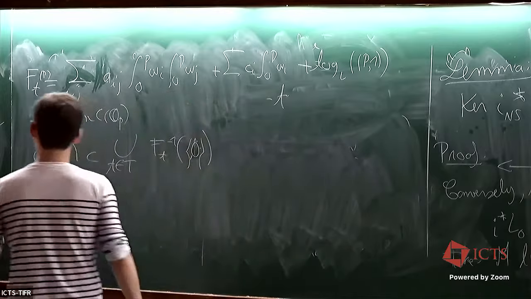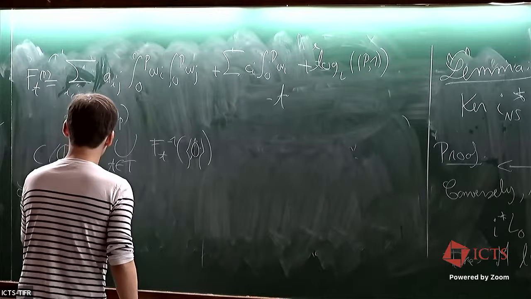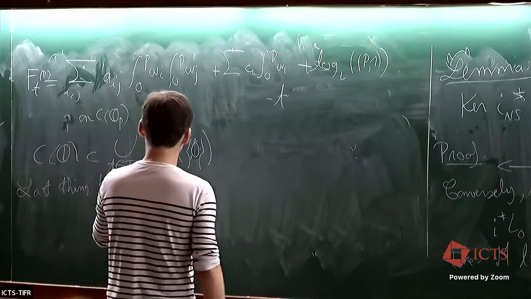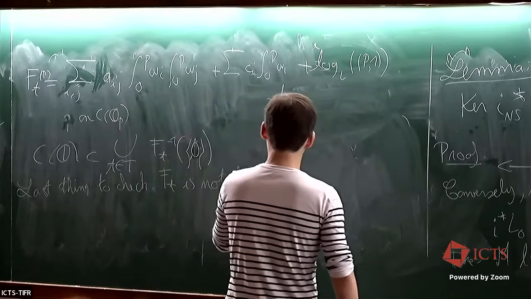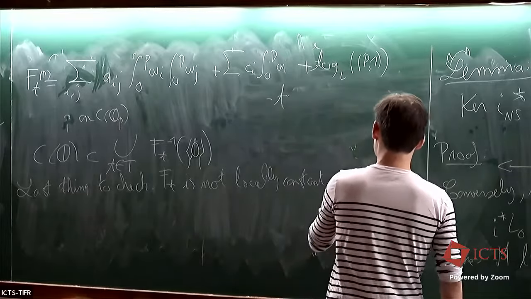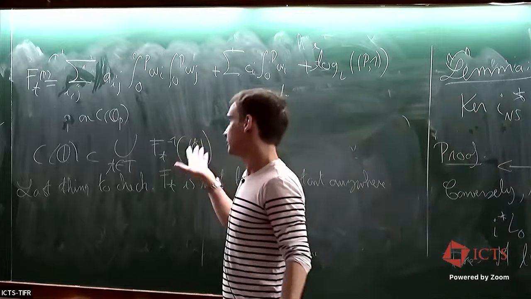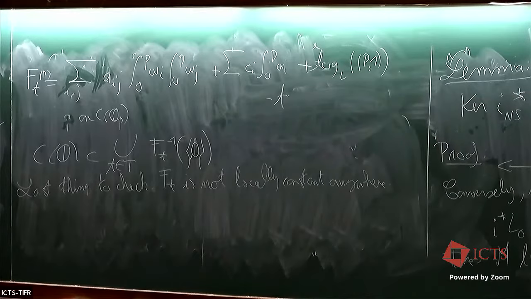So the thing to check is that Ft is not locally constant anywhere. Otherwise, of course, this can happen: it might be infinite, even the whole thing. But now the hope is that I've built things enough that I'm sure it's not locally constant.